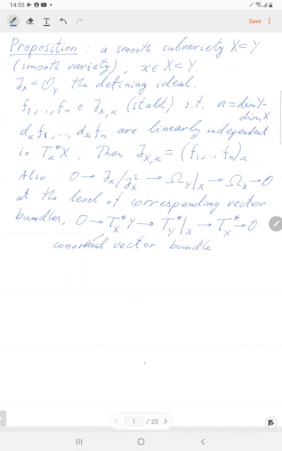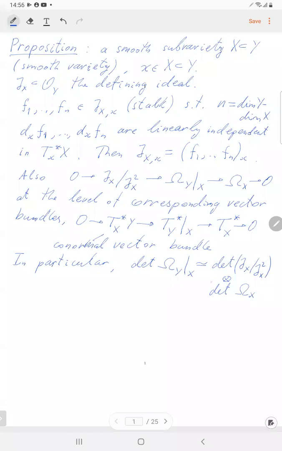Okay, and in particular, the top exterior power of the Kähler differential sheaf on Y restricted to X is isomorphic to the top exterior power of this ideal modulo square, tensor the top exterior power of omega X, as we discussed at the end of the last lecture.